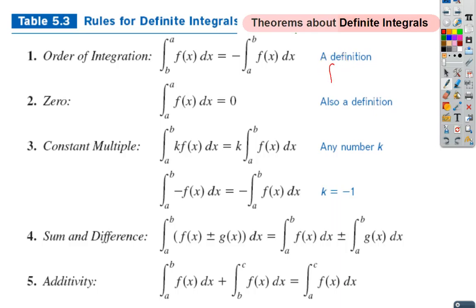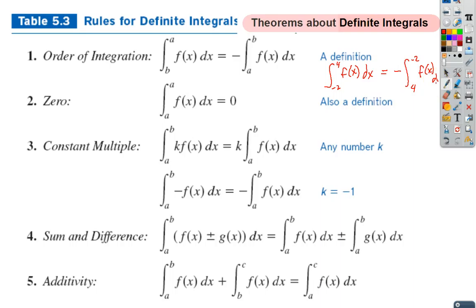For instance, if I had the integral from negative 2 to 4 of f of x dx, that could be the same thing as saying negative integral from 4 to negative 2 of f of x dx. That is always true.